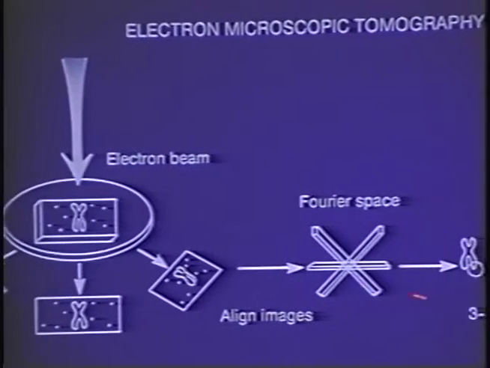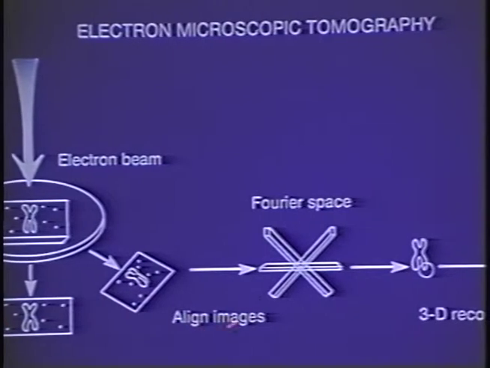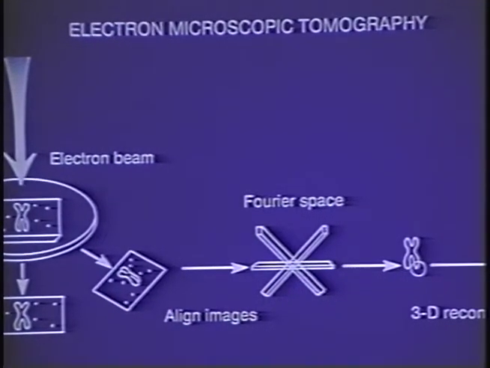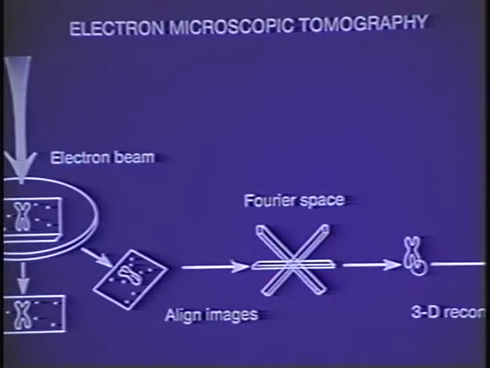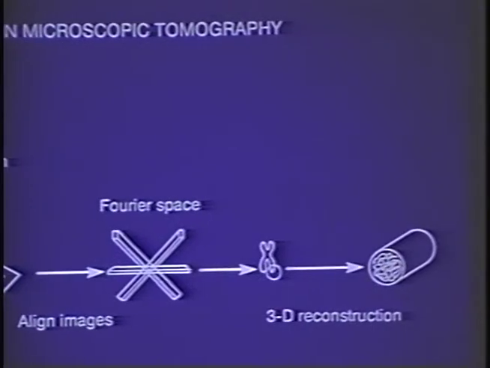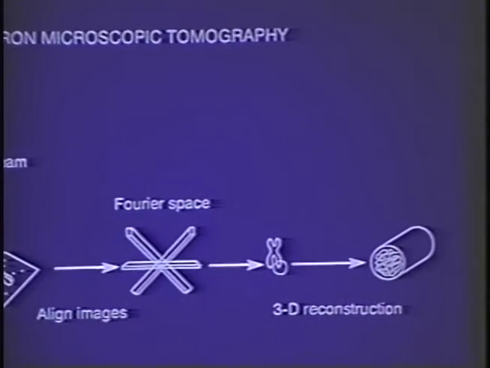Okay? Mathematically, each of these tilted views can be considered as what's called a central section in Fourier space, and the idea is that you take enough views to map out the whole range of Fourier space, in which case you can do a simple Fourier transform technique to give rise to the internal structure in the specimen, and that's the goal.